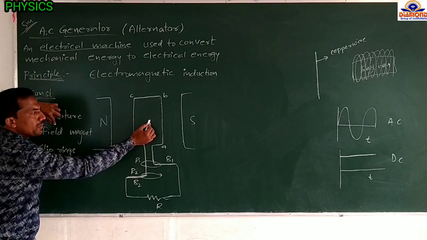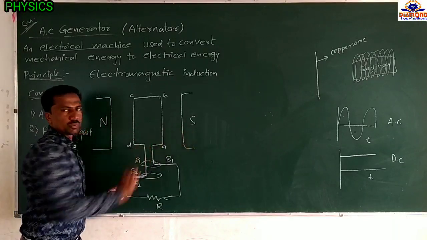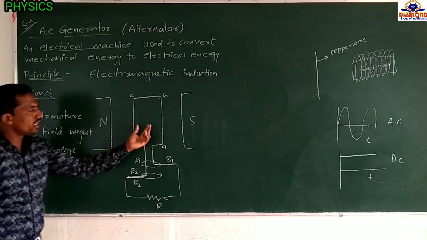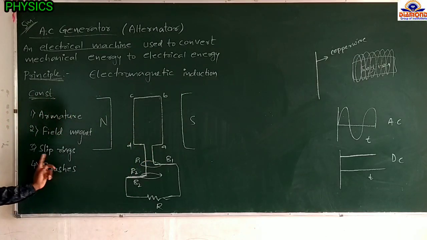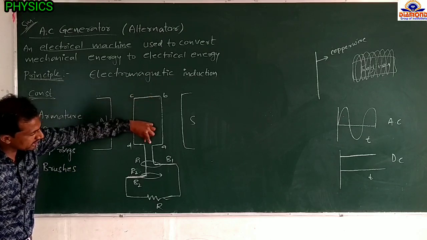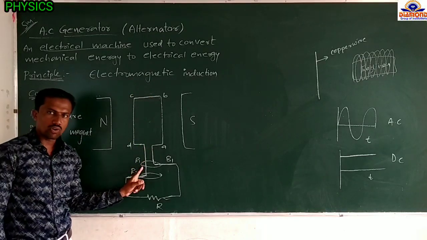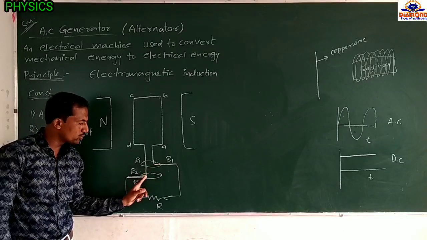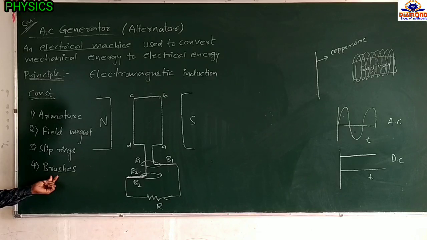This coil is placed in between North Pole and South Pole. In this field the coil is rotated. The next one, slip rings. The two ends of the coil are connected to the two rings. The next one, fourth one, brushes.